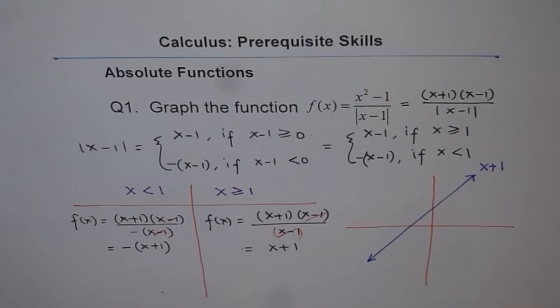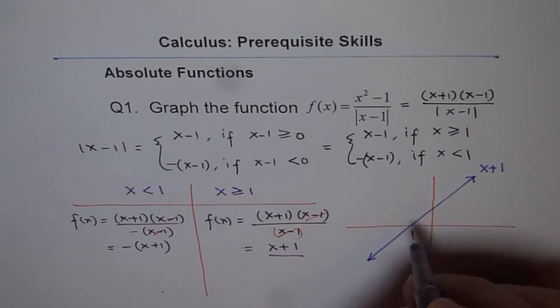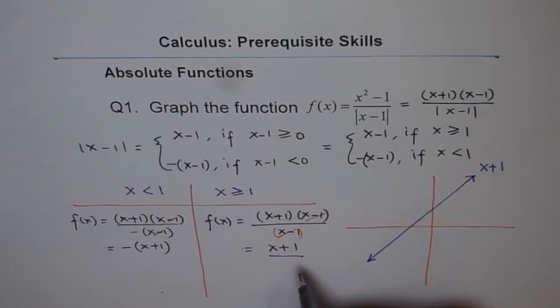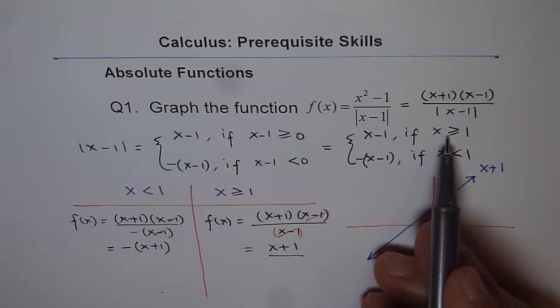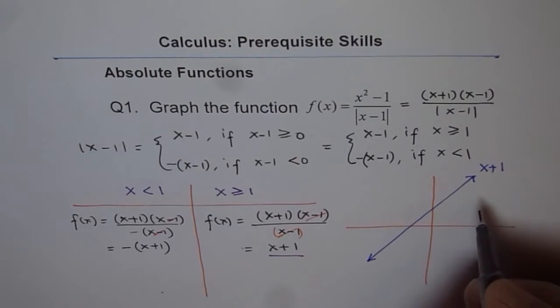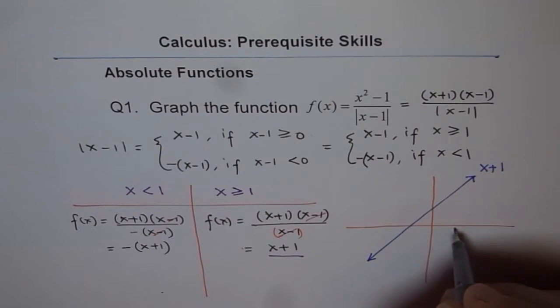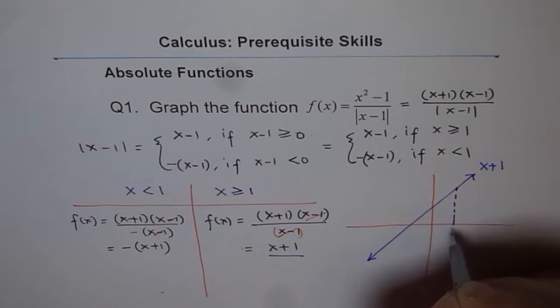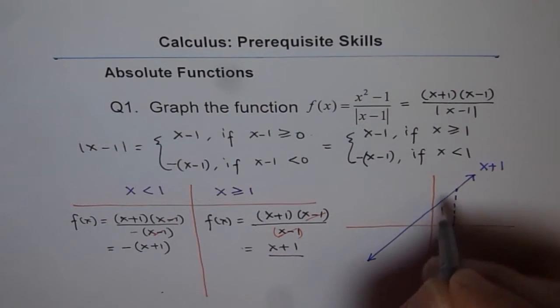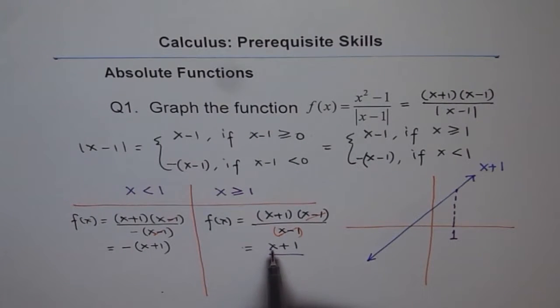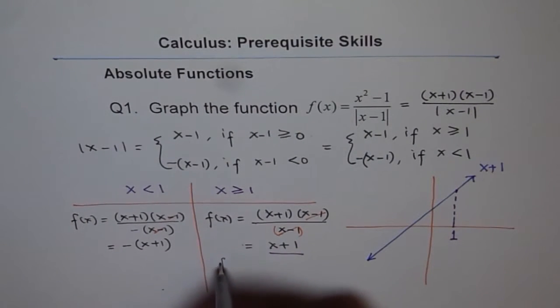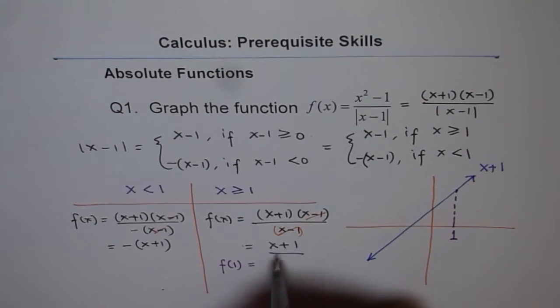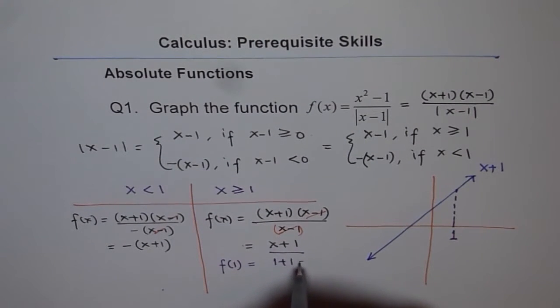But the function is, let me use a different ink. The function is x plus 1 when x is greater than or equal to 1, right? So when x is 1, f of 1 will be 1 plus 1, which is 2.